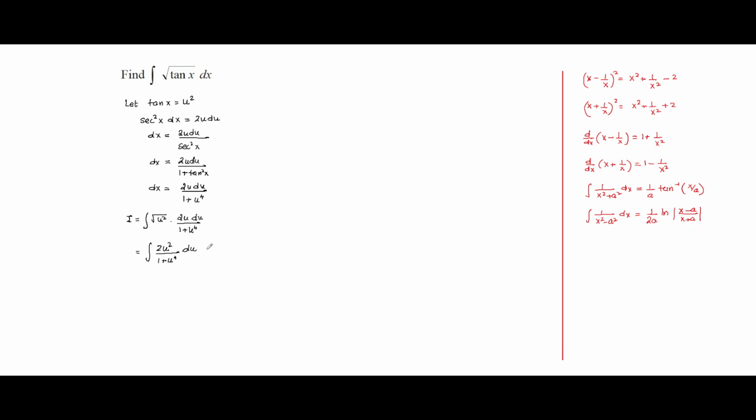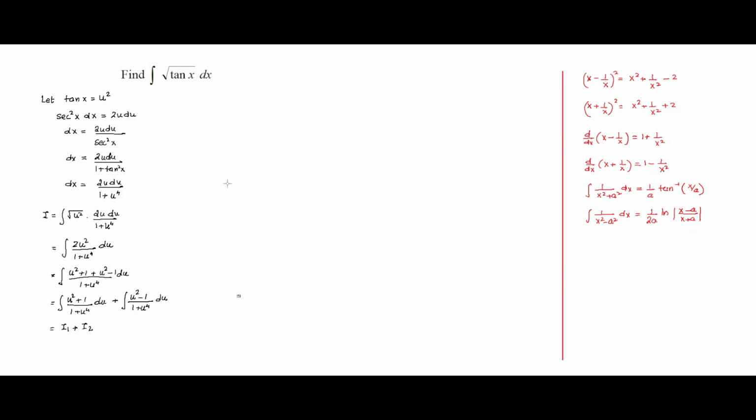Now because we have 1 plus u to the power 4 in the denominator, in the numerator we should have u squared plus 1 and u squared minus 1. And so we break up 2u squared as (u squared plus 1) plus (u squared minus 1) over 1 plus u to the power 4 du.